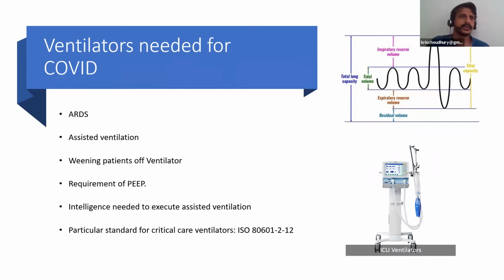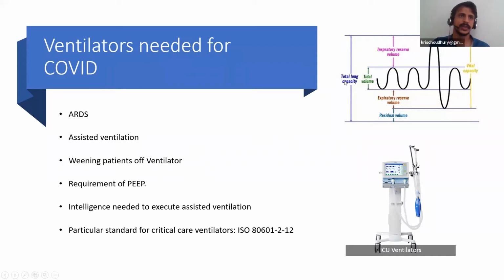So if you can see on the top right of the slide over here, you can look at lung capacity and tidal volume, inspiratory reserve volume, expiratory reserve volume. Before we go on to our next slides, just to give you a little background, these are terms that you will hear me use pretty regularly.